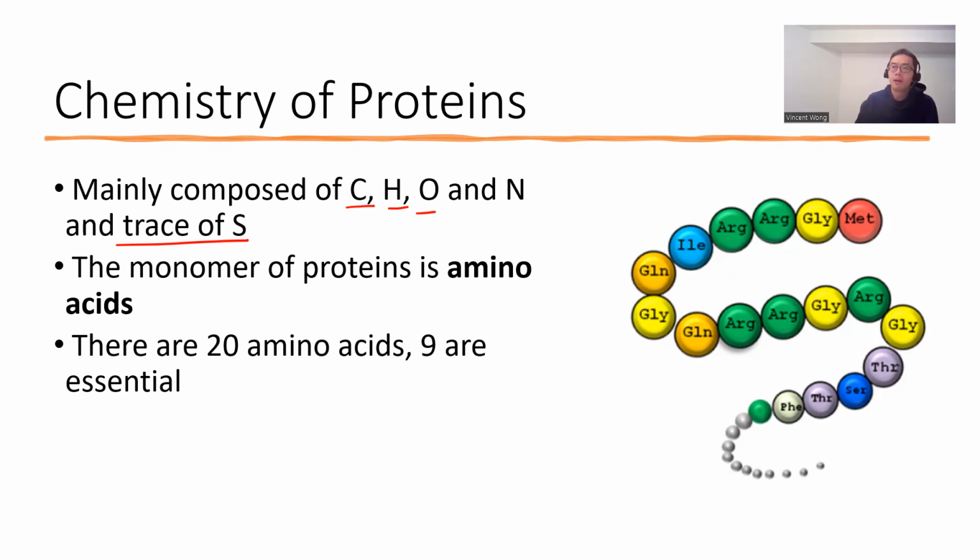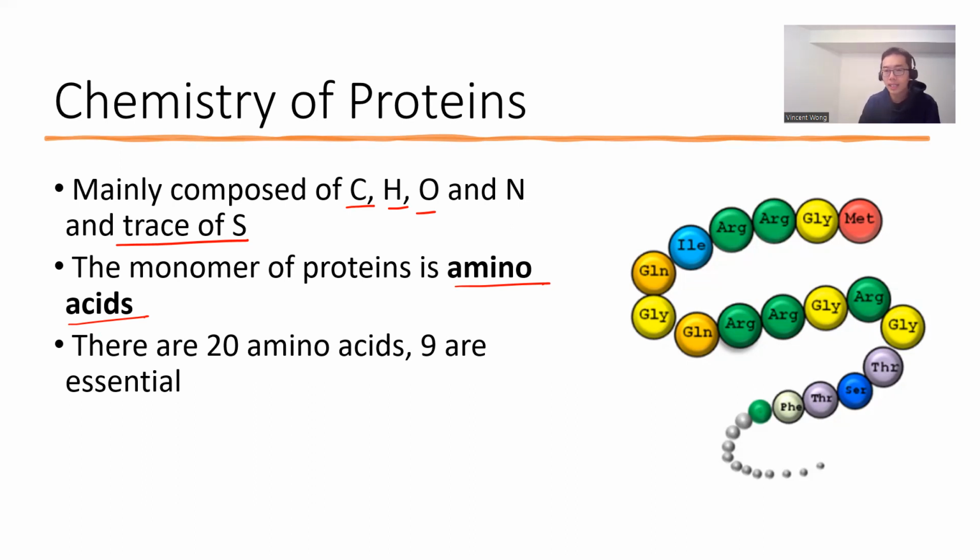Just like carbohydrates, where you connect multiple monomers together, protein is exactly like that. But the kind of monomers are going to be different. We call them amino acids. They are the building blocks, the monomers of the protein.